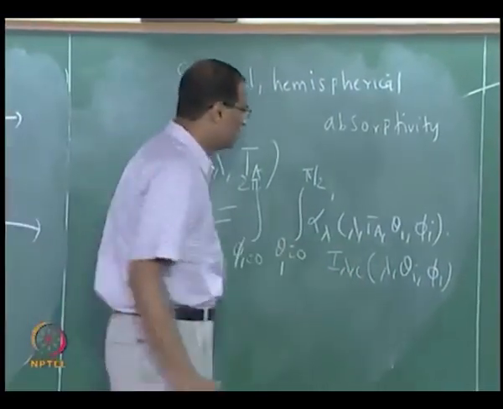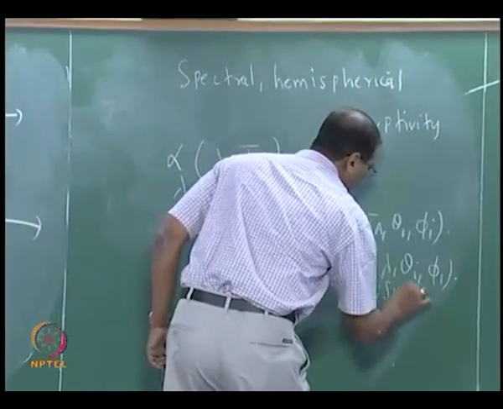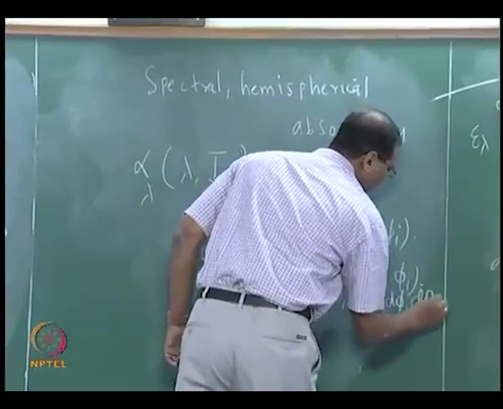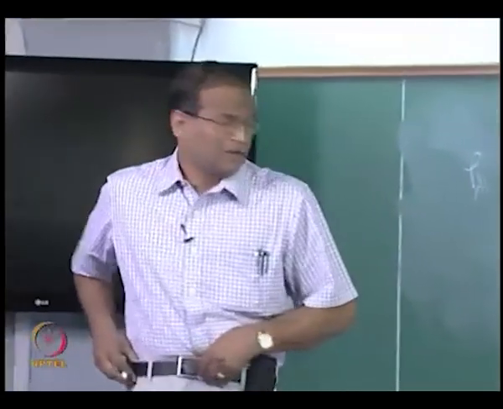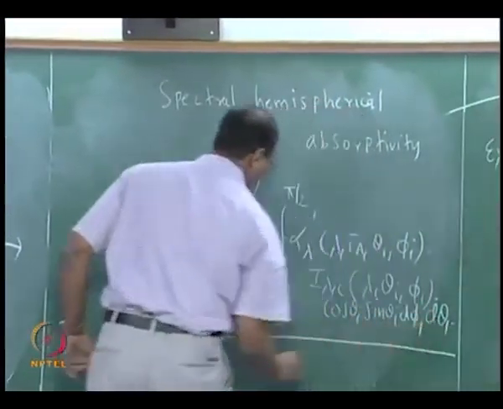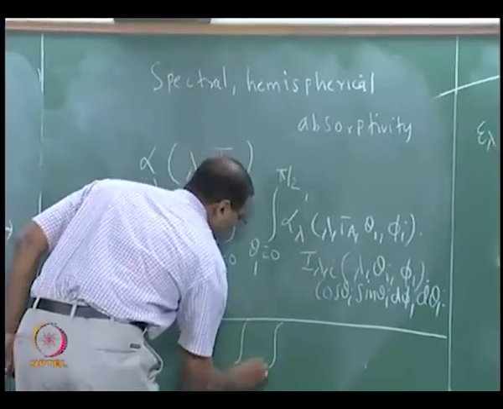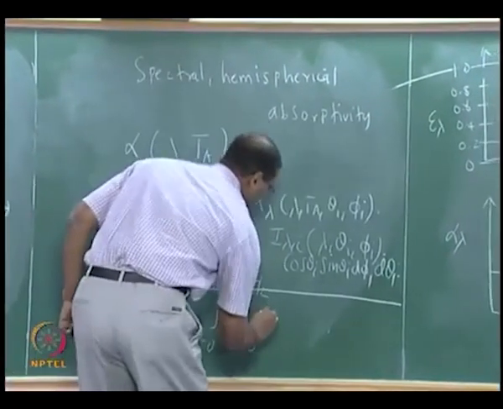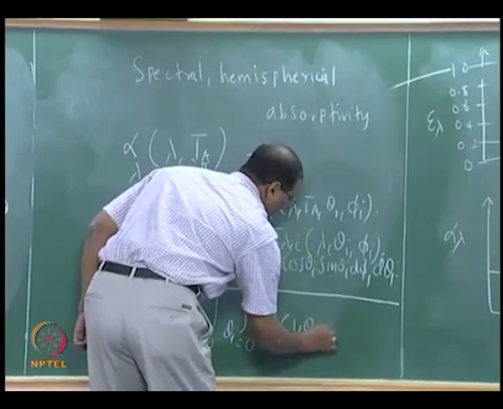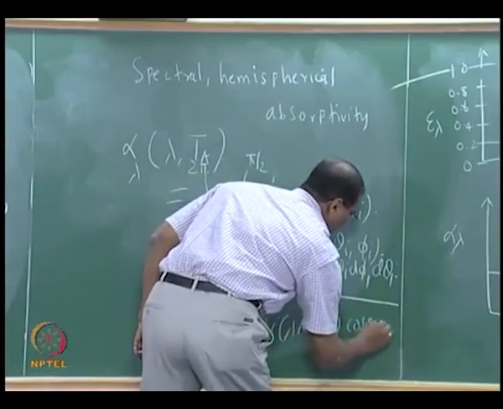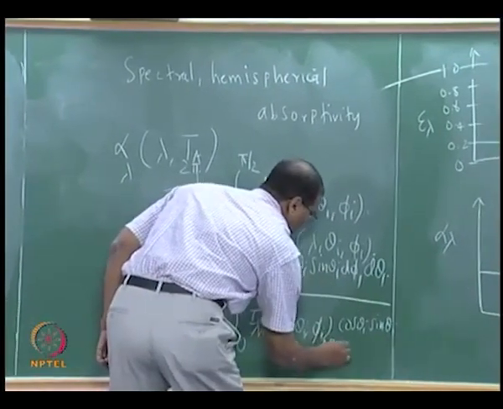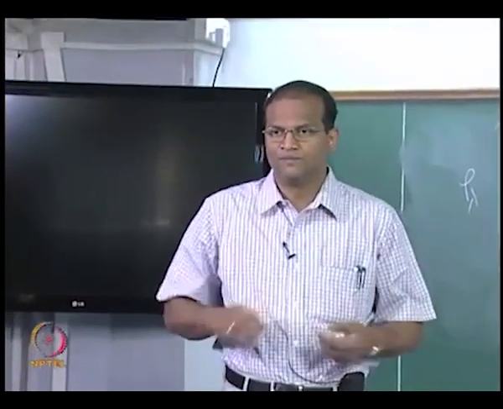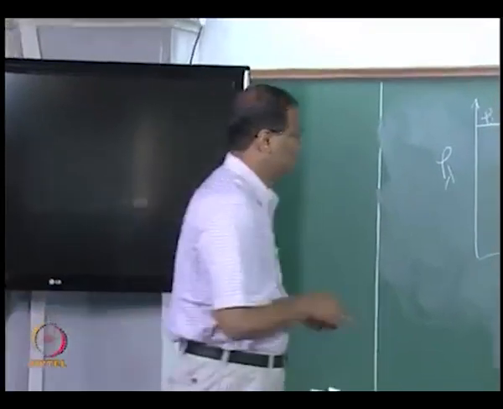If I tell you lambda, theta, phi, that is enough, into I lambda I, times sin theta d phi d theta, that is it, right? Divided by the integral of the incident intensity.